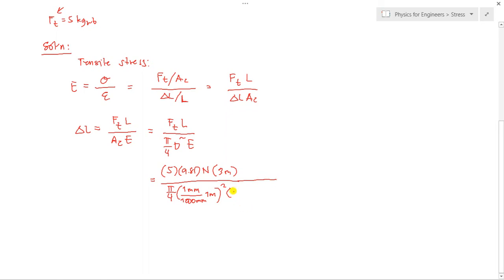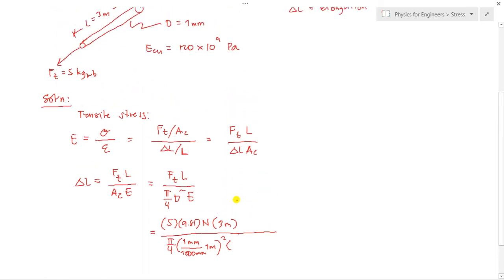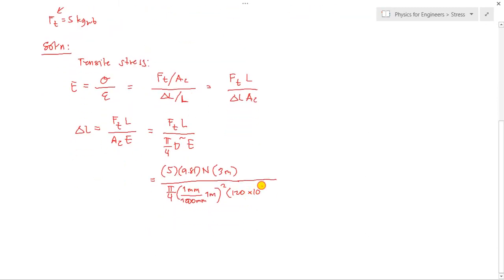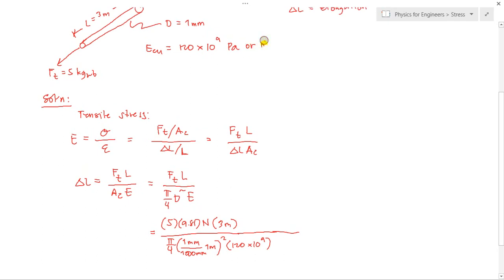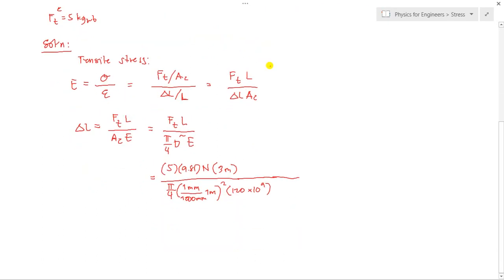So that is pila to value, that is 120 times 10 to the power of 9, ang iyahang unit kay Pascal, or Newton per meter squared. So makancel ang Newton sa babaw, then kaning meter ari kay makancel na siya because the result here is meter squared. So makancel meter to ang final answer nato sa elongation is in meters.